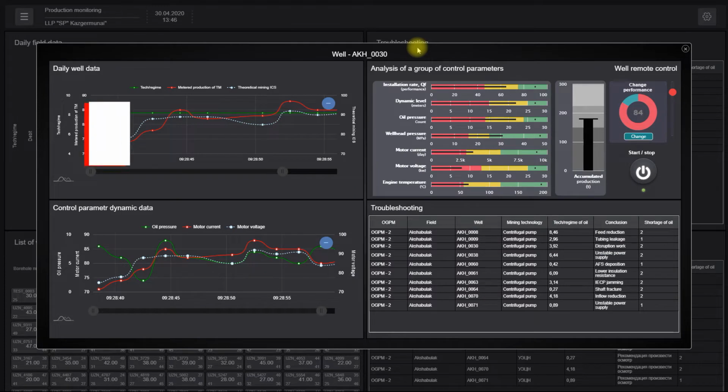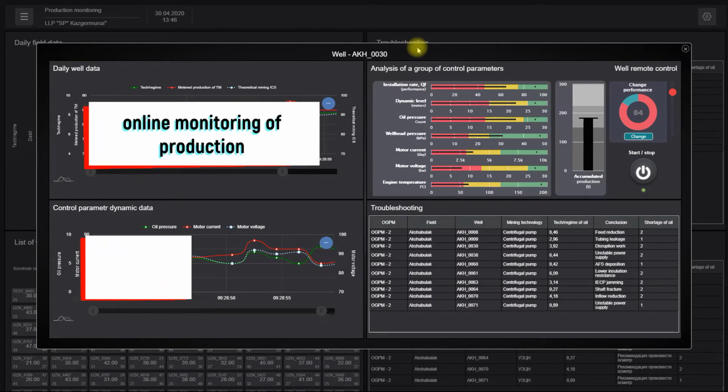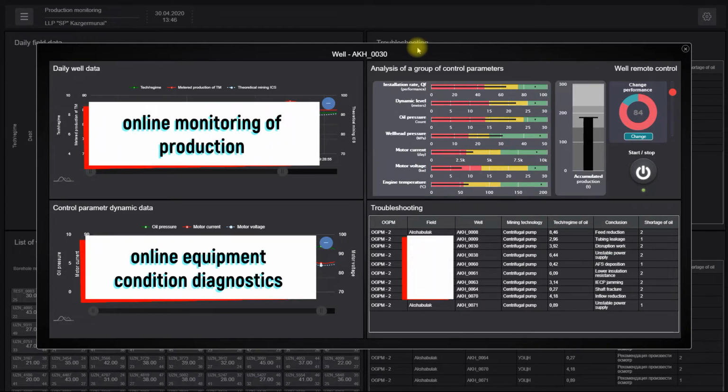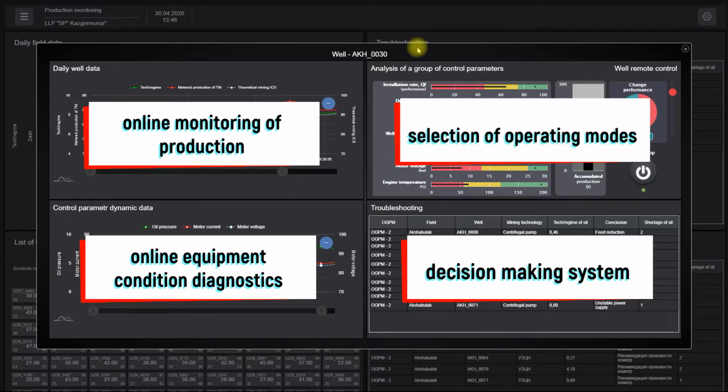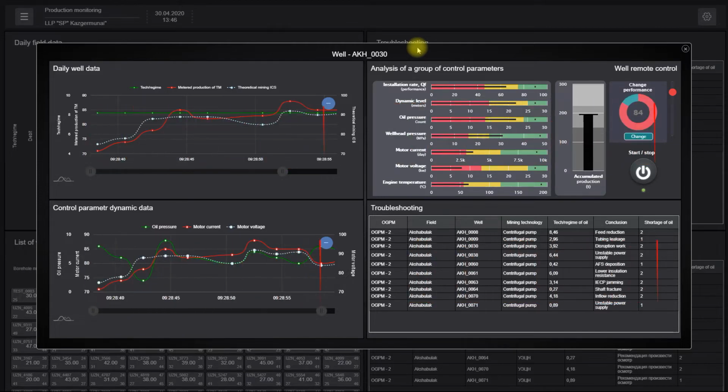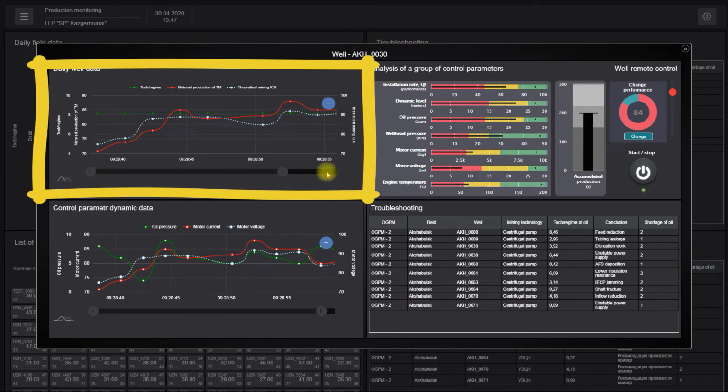The system solves challenges of proactive decision-making on the repair of wells, reducing losses in oil production, and selection of the optimal well operating mode to maintain production at the level of established technological regimes in order to achieve the production plan. In the upper left corner, a module of daily well data is shown.